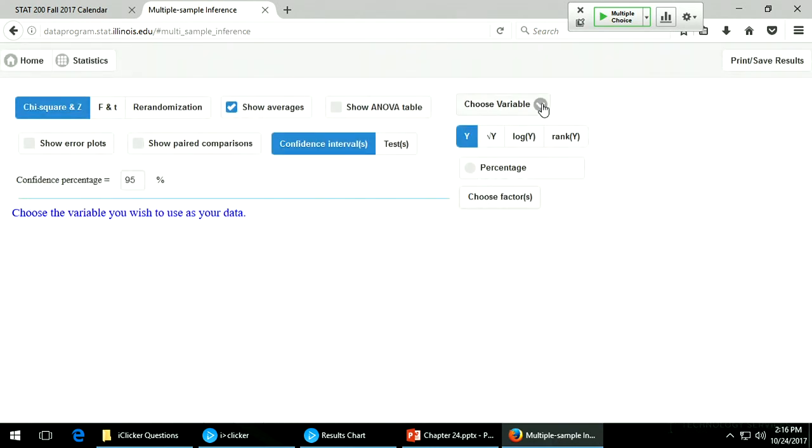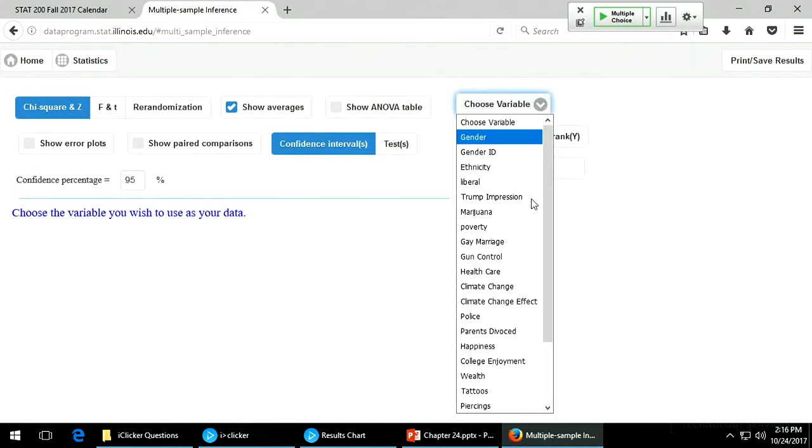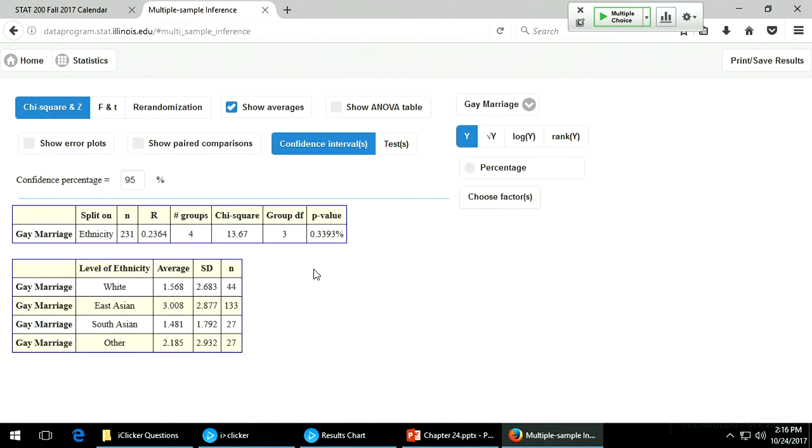All right, we're going to choose the variable that we want, and that's gay marriage. And here, the p-value is extremely significant. If we did an F-test here, what would we get? The group degrees of freedom, the error degrees of freedom. The number of groups is 4, so the degrees of freedom is 3, right? And here are our averages.